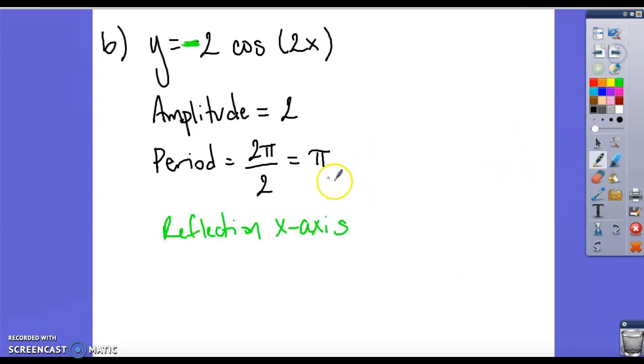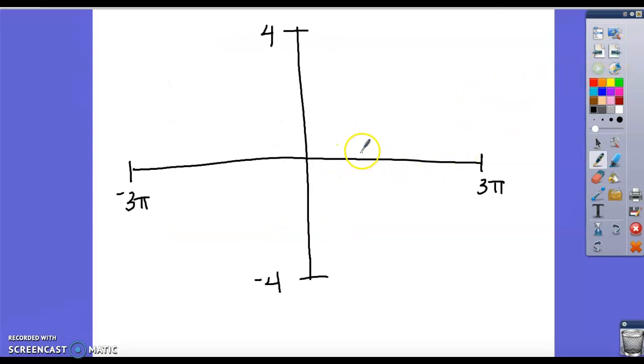In this graph, my period is pi, it's not 3 pi. So that actually means I need to set up my periods in here. So I have pi, 2 pi, 3 pi, -2 pi, -3 pi.